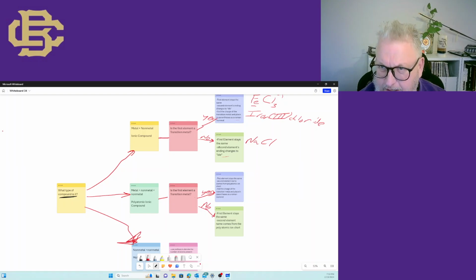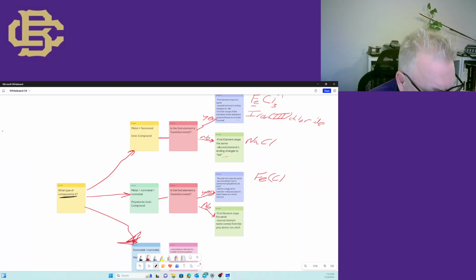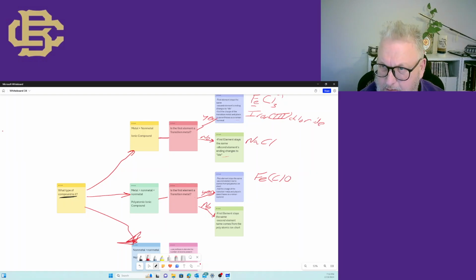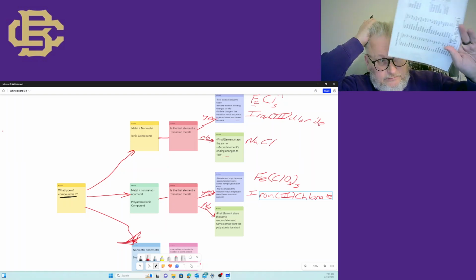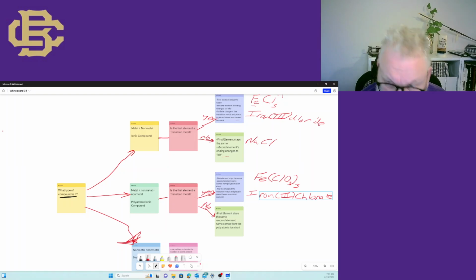I'm going to write that like so: Fe(ClO3), and I'll have a 3 there. So the name of that would be iron (III) chlorate. I got the name and the formula for the polyatomic from the chart that I gave you, the periodic table, or else that chart. So again, we've got to use that chart.